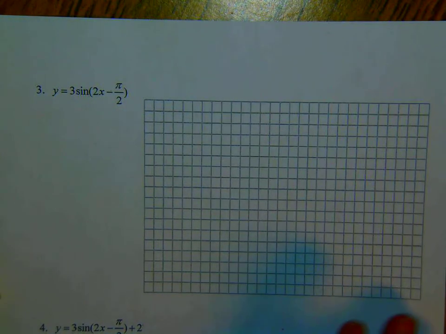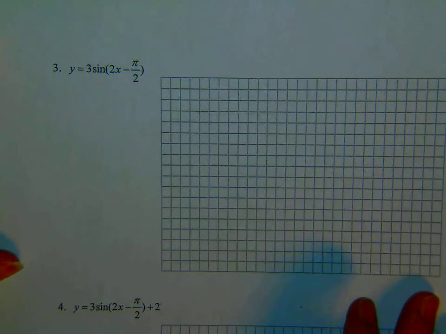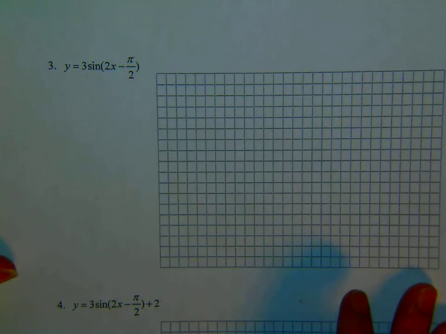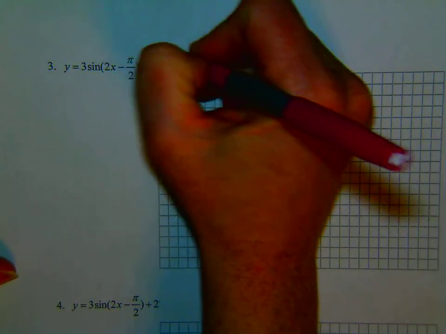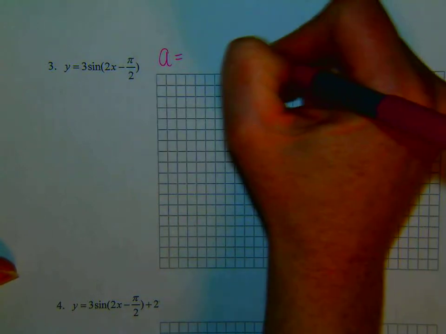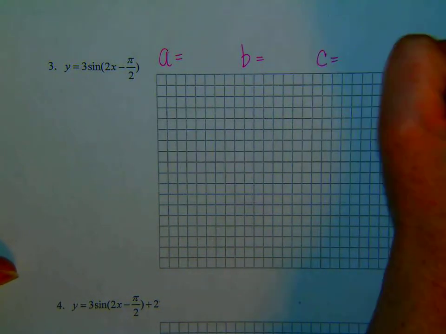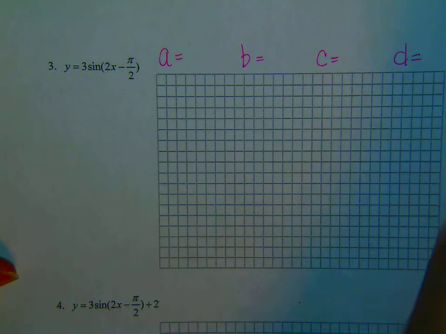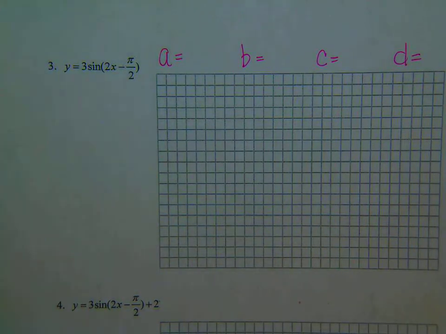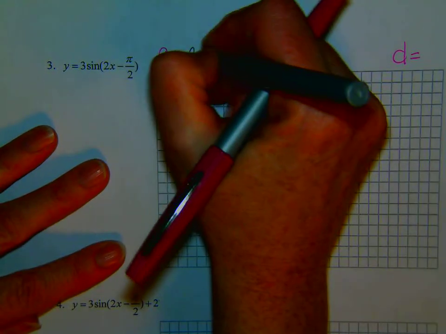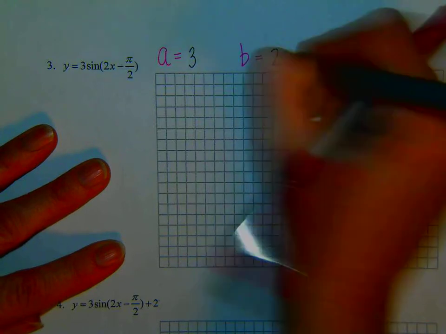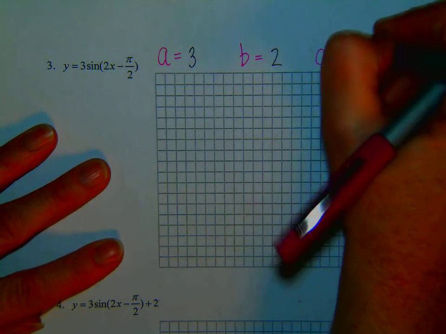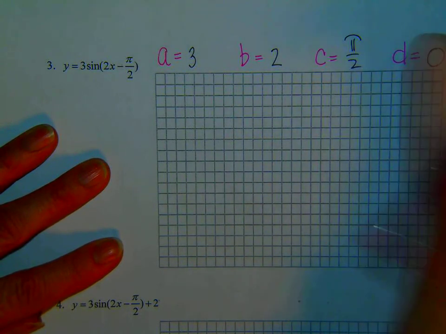So we're going to do this again exactly as we just did, following the same steps. So here we go. A equals, B equals, C equals, D equals. So we fill this all in. A equals 3, B equals 2, C equals pi over 2, D equals 0.